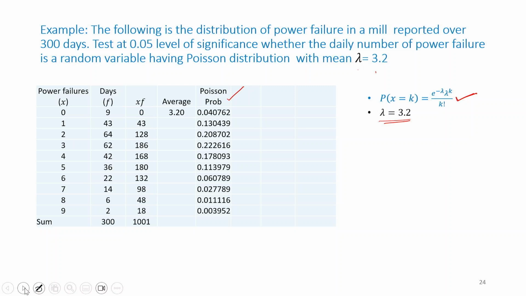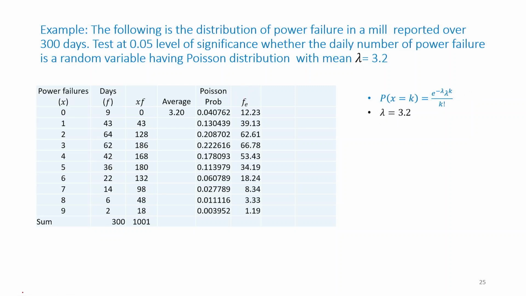From there, we go to find out what the expected frequencies are. If I multiply these probabilities by 300, the sum of the frequencies, I get a figure close to 12. So 0.04 multiplied by 300, let us say, gives a figure of 12.